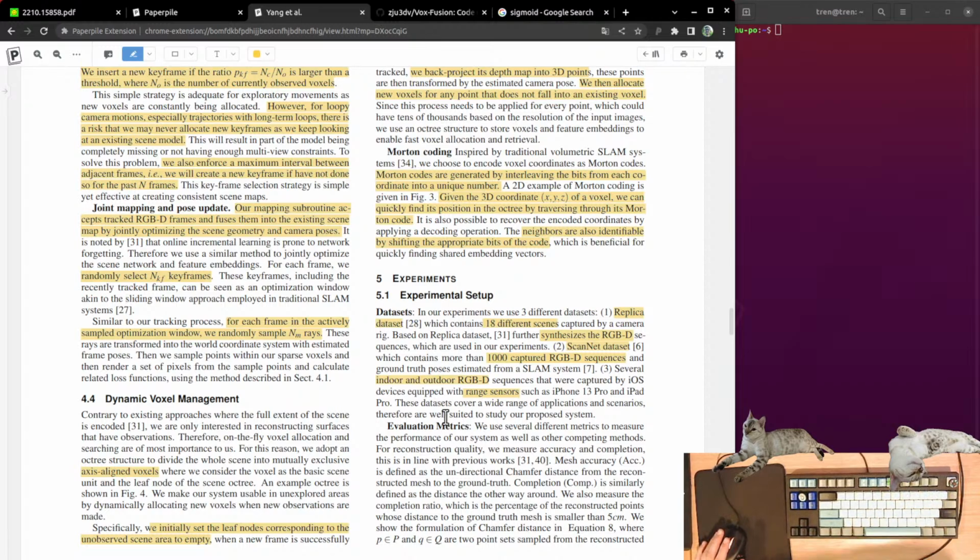Okay. Okay, different metrics for evaluation. Okay, they have mesh accuracy.